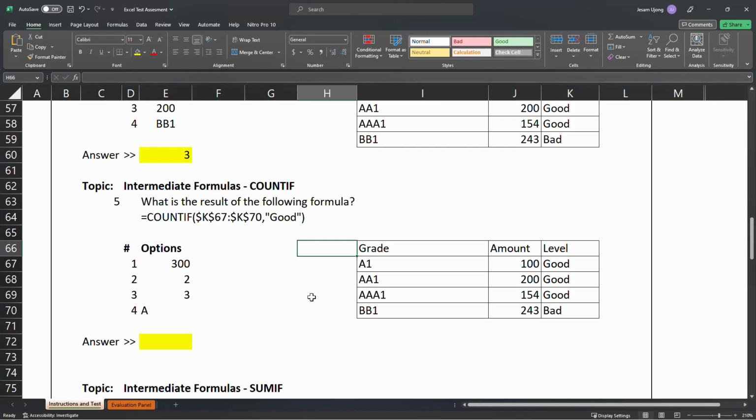We're locking in cells K67 to K70. That's absolute referencing. So in all of those cells, if the outcomes are good, you count, and when you count, it returns the value 3.